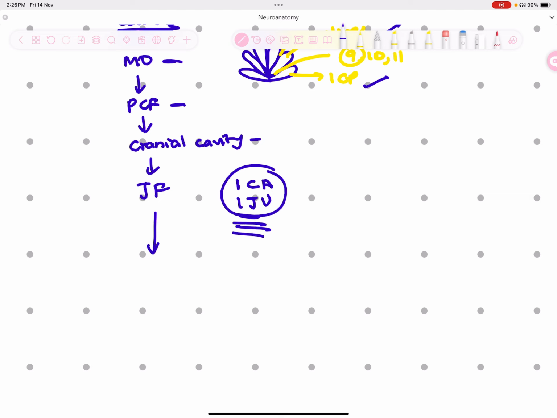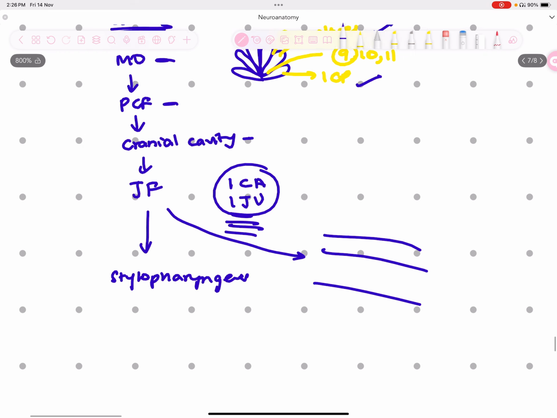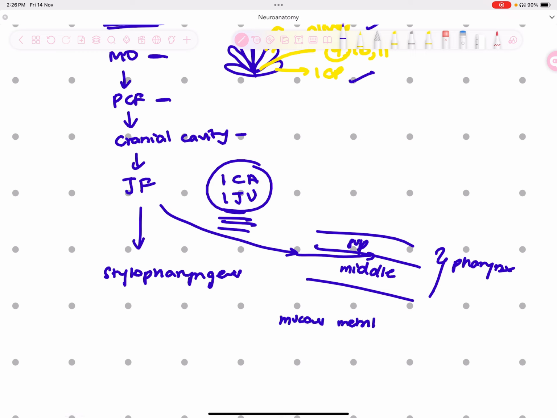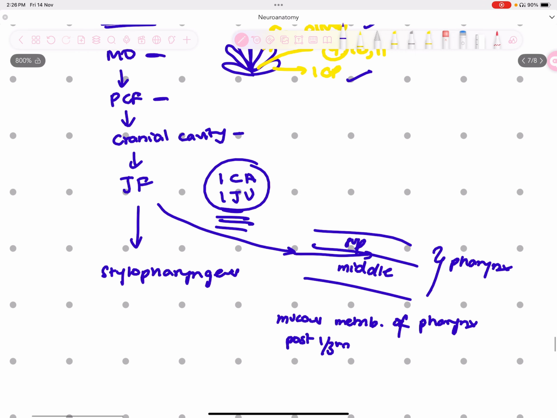One part of it goes to supply the stylopharyngeus, and the other part goes between the superior and middle constrictor muscles of the pharynx, and supplies the mucous membrane of the pharynx and the posterior one third of the tongue.